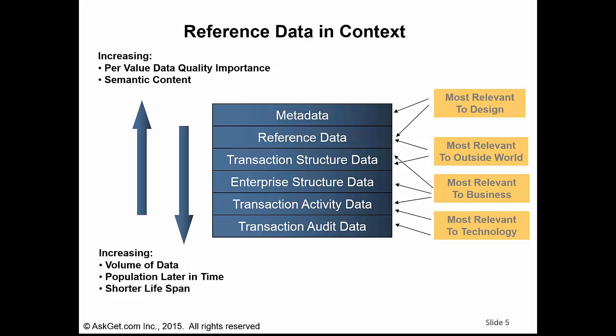So reference data shares that meaning with metadata. It also shares the very high per value data quality importance. You really need to have zero data quality defects with reference data, and making sure that happens is part of the challenge of reference data management.